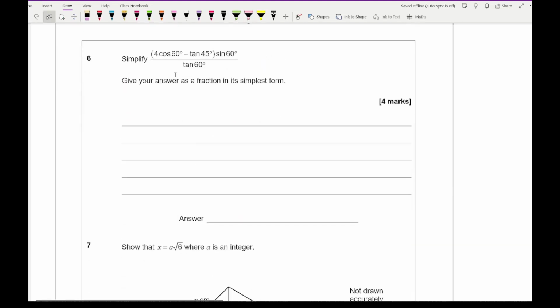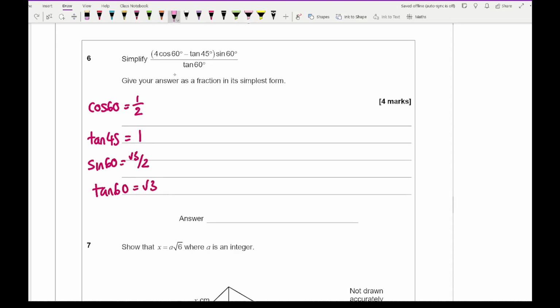Then moving on to question 6, it says simplify, and we've got 4 cos 60, tan 45, sine 60 and tan 60. So let's first of all write down what each of those values are in their exact form. So cos 60 is half, tan 45 is 1, sine 60 is root 3 over 2, and tan 60 is root 3.